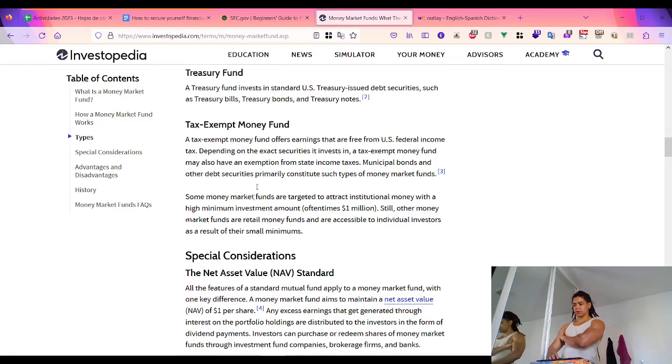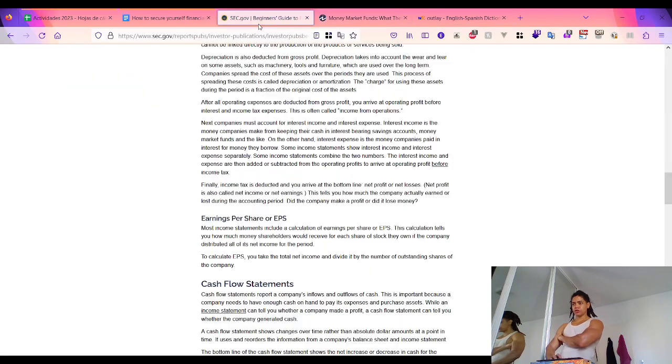Okay. So again, this is one of the financial instruments that allows a company to earn interest from keeping their cash in a saving account or in this debt-based financial instrument, money market funds, and the like.